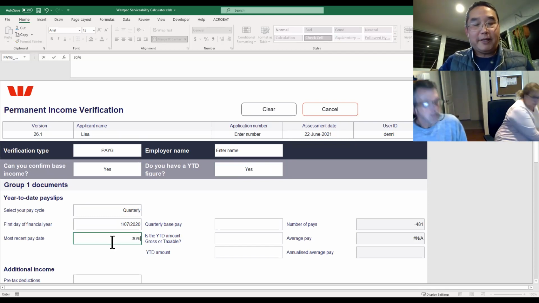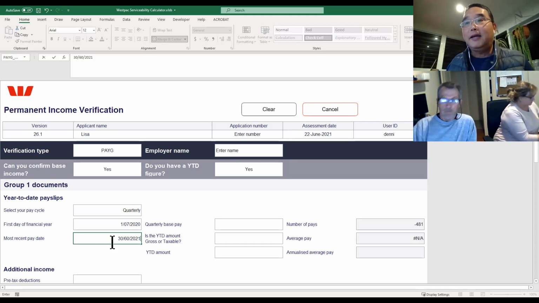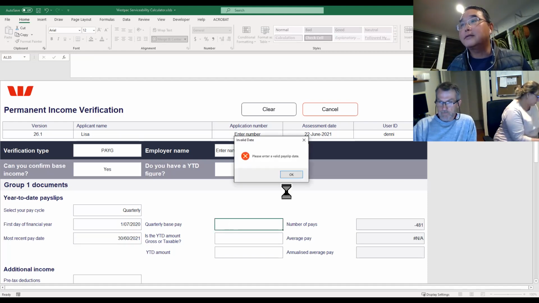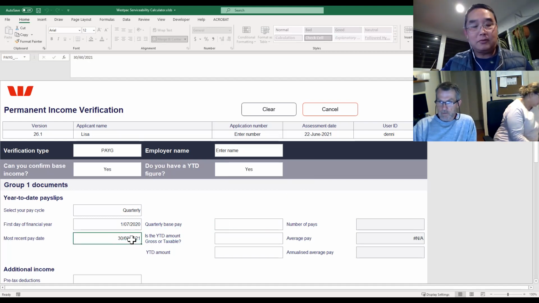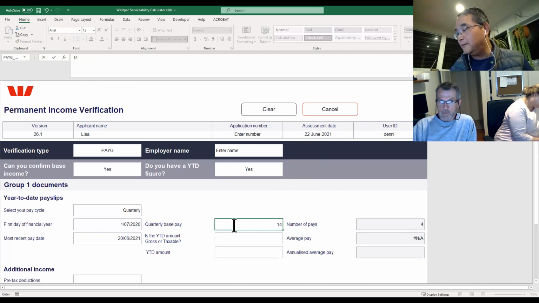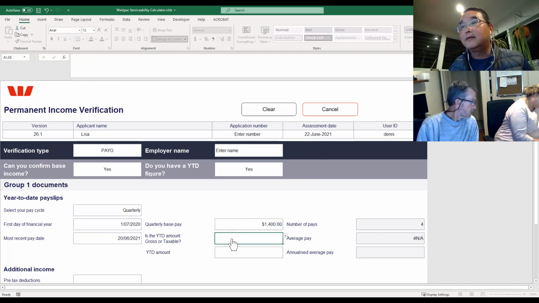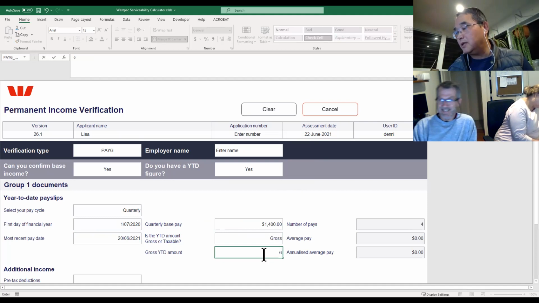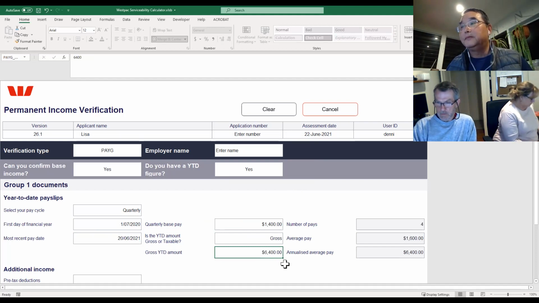Let's presume you paid for a whole year, and quarterly is this. We can't have a future date. So it's 1,400, right? Yeah, 1,400 and something. Let's say 1,400 gross. And we paid 4 times, will be 6,400 a year. That's a net.